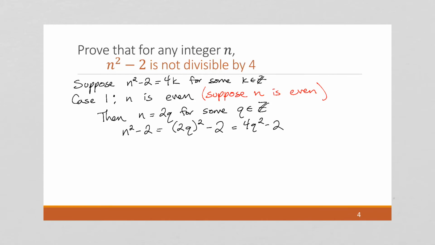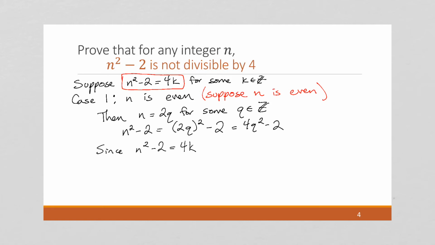And remember, by assumption, we know that n squared minus 2 is equal to 4k. So since n squared minus 2 equals 4 times k, let's play with this.